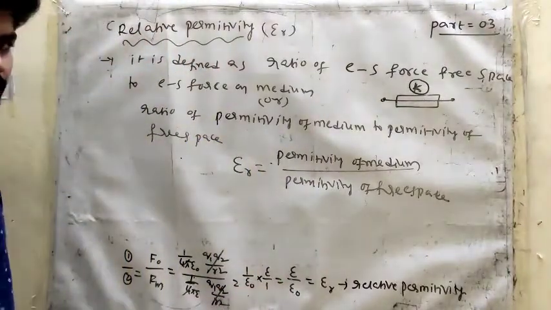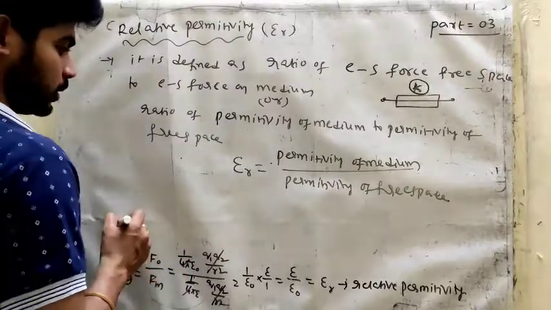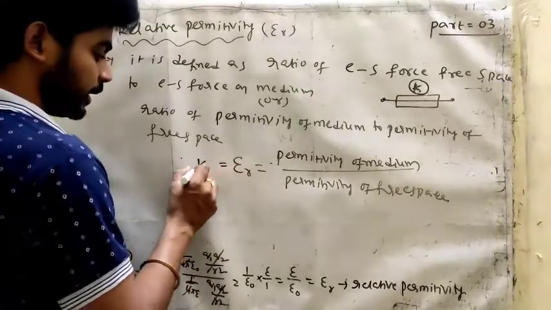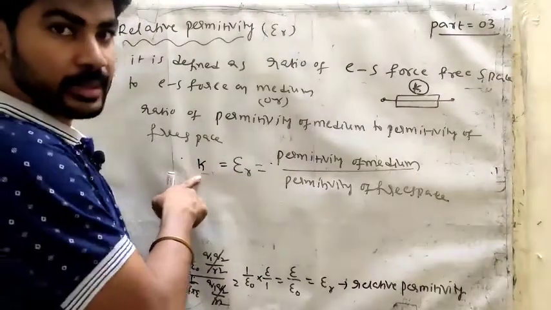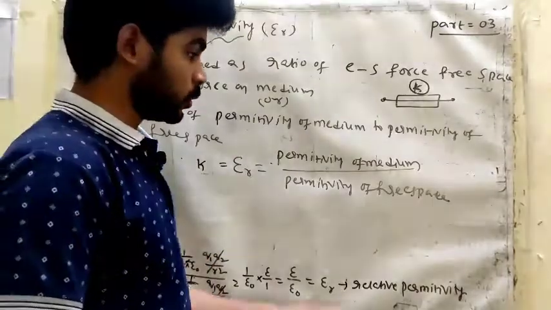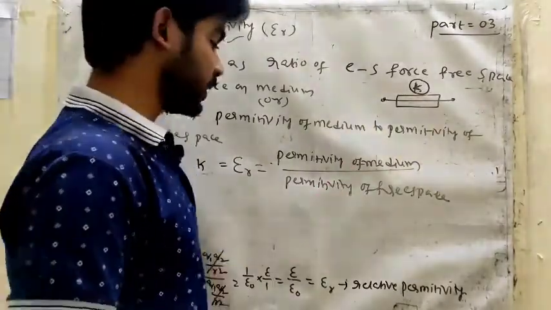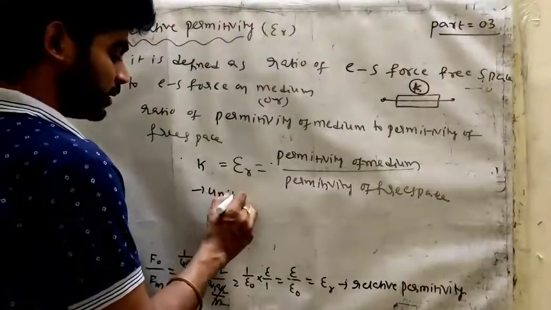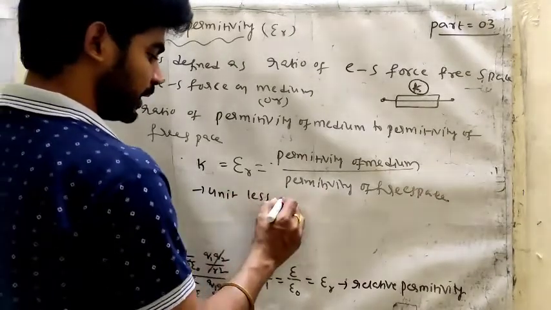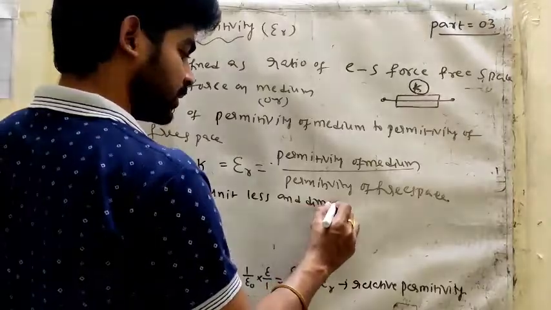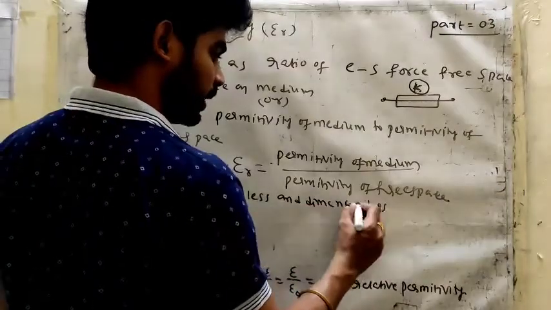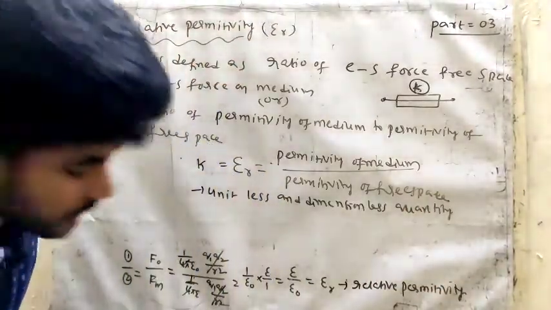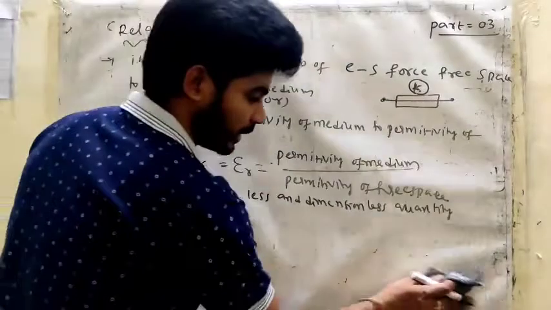Epsilon r, or K, relative permittivity or dielectric constant, both notations are used. Both are ratios of permittivities, which is why the dielectric constant or relative permittivity is a unitless and dimensionless quantity.